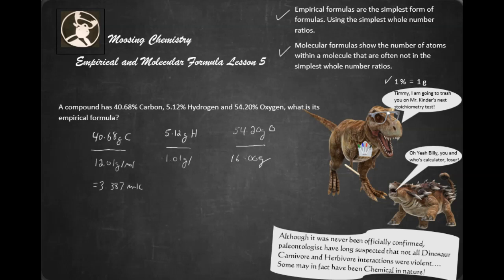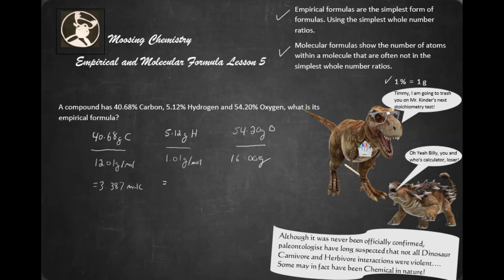And when we do the hydrogen here, 5.12 grams of hydrogen divided by 1.01 grams per mole of hydrogen. Let's go ahead and do that on my calculator.